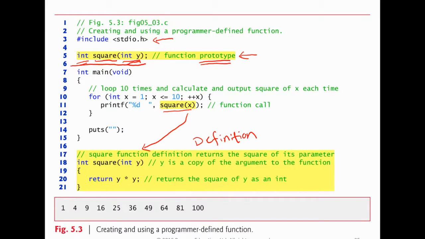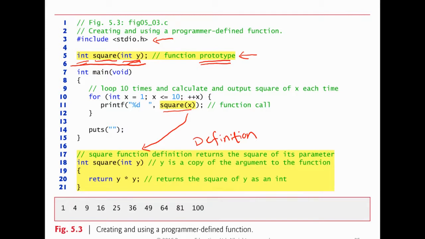Now, what does the function do? Well, let's look at this. Again, you have something similar to the prototype, except that you do not have a semicolon here. In terms of syntax, that's the key difference between your prototype and your definition.